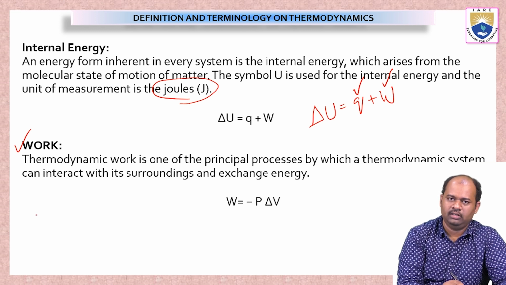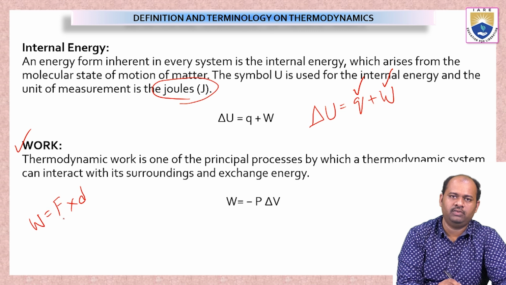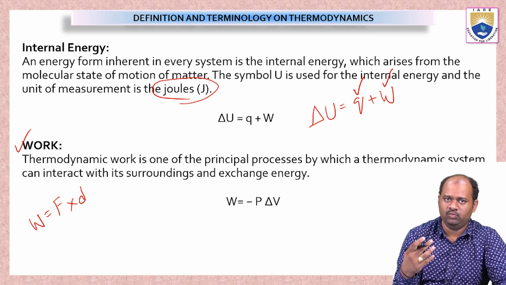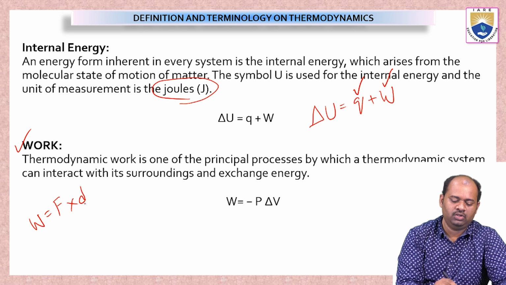In mechanical engineering, we define work as force into displacement, force into distance. Some amount of energy is applied in the form of force to move an object through a displacement from one place to another. The displacement is D and the force applied is F. The product of F and D gives the work done.